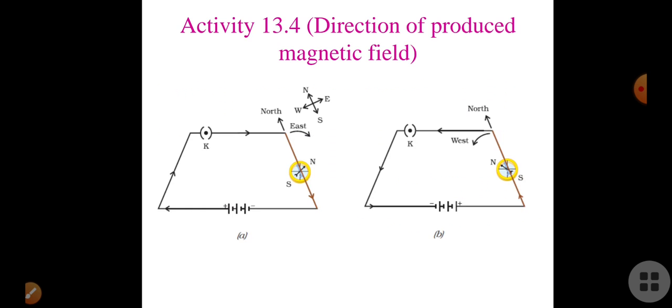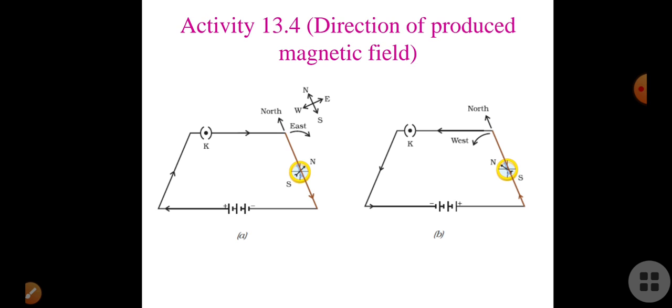So let us see with the help of activity 13.4 that again we take this wire and we join it with the help of a battery and key, meaning we complete its connections, and we place a compass needle near it or below this wire. Then let us pass this current in this direction. So this direction is from north to south.